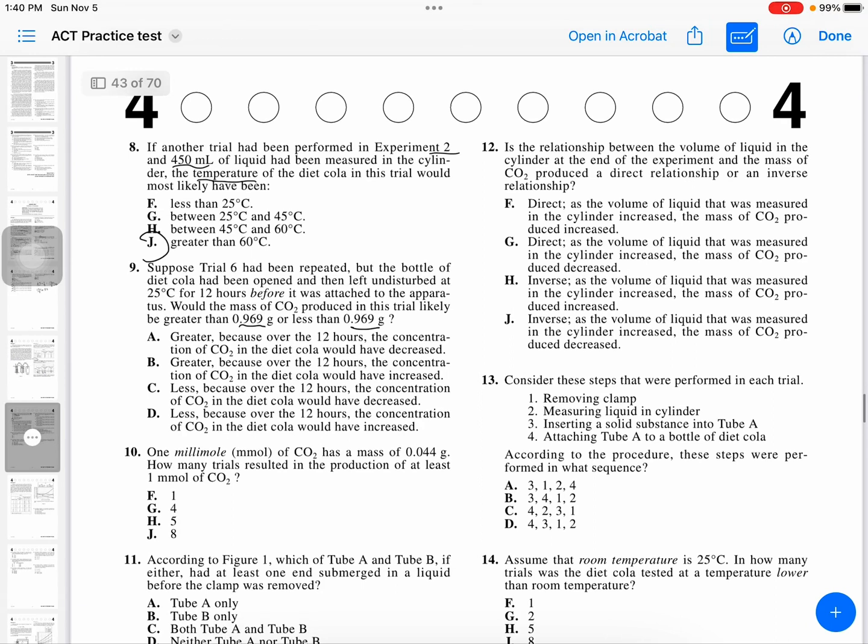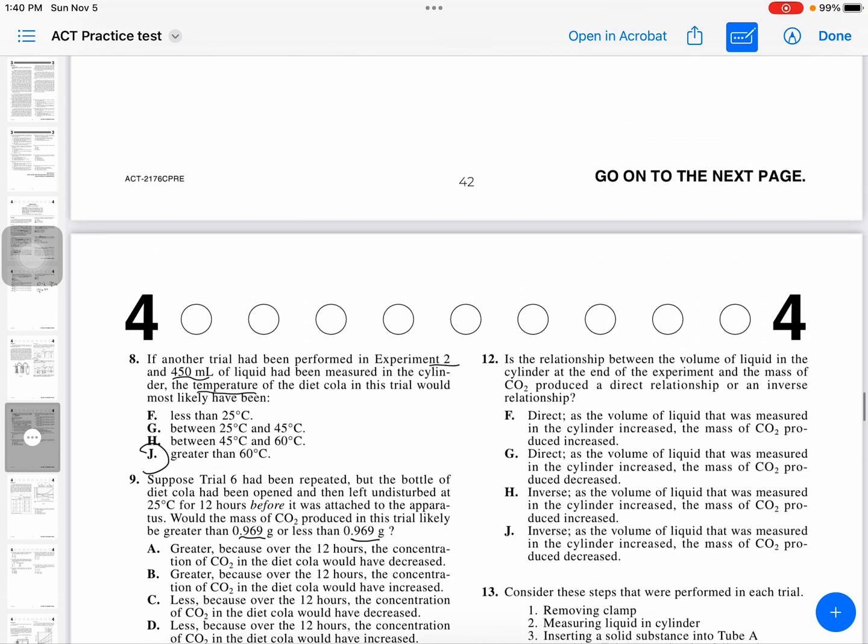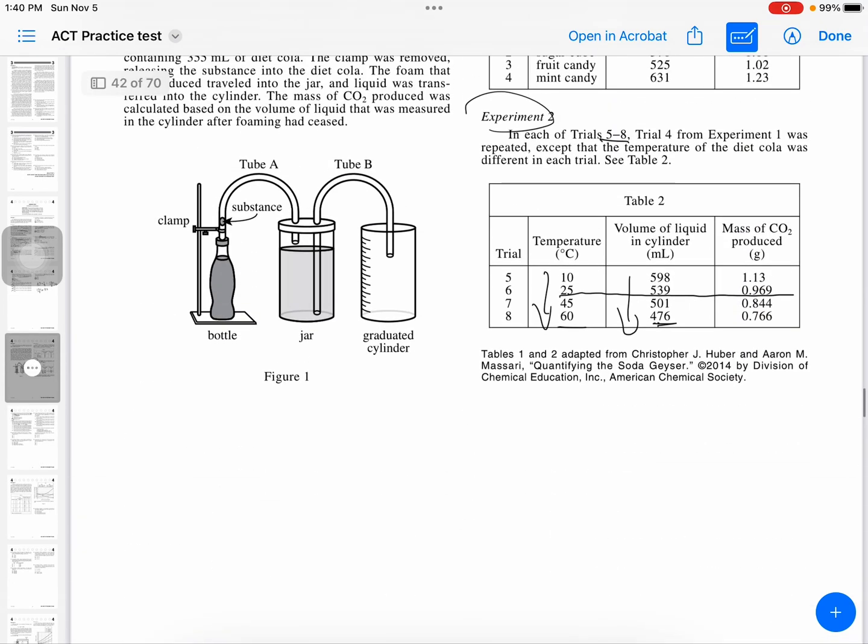Okay, and so would the mass of CO2 produced in this be greater than or less than? Well, if a bottle of cola is open, then the CO2 should escape, right?